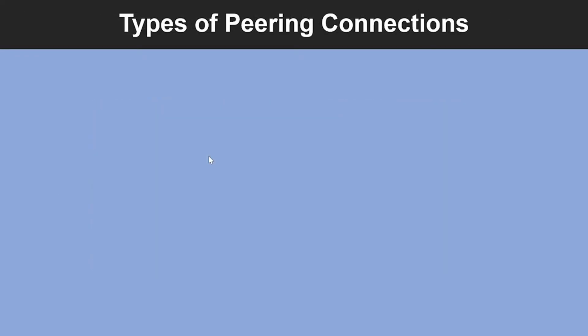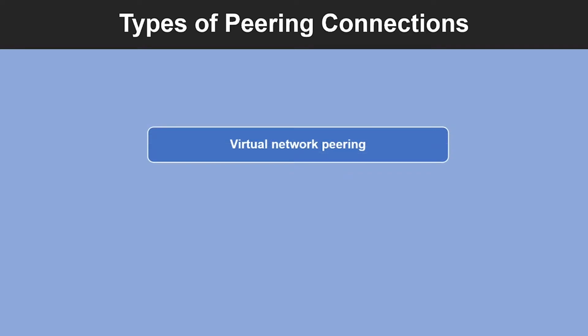Now let's look into the types of peering connections. The two types of peering connections are virtual network peering and global virtual network peering. So what is virtual network peering? Virtual network peerings consist of virtual networks in the same Azure region, such as two virtual networks in North Europe or two virtual networks in Central Australia.